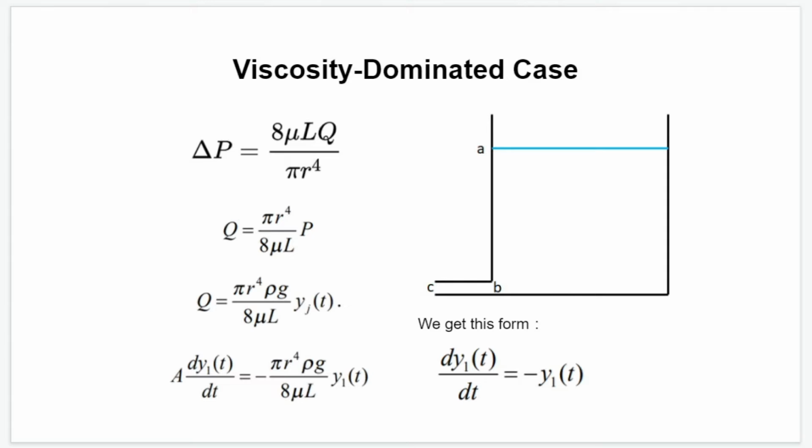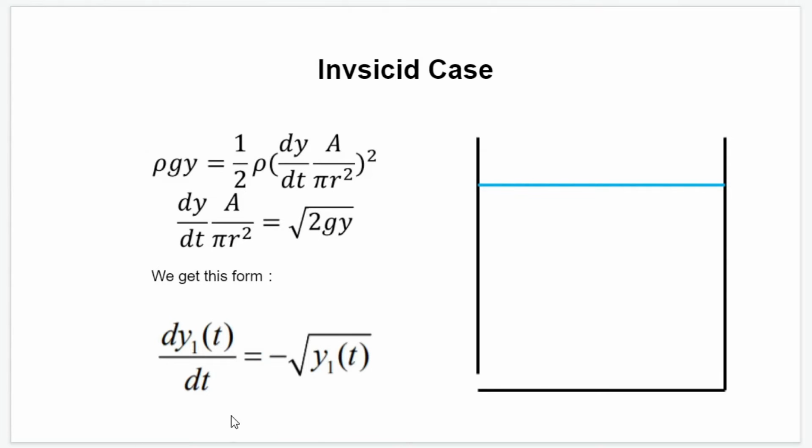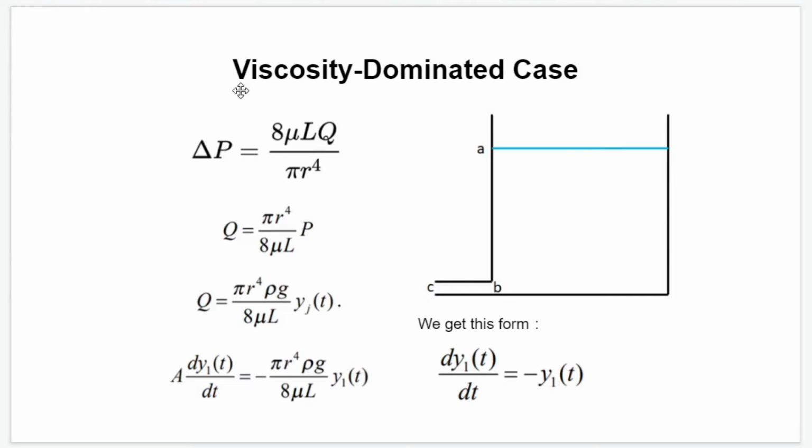Following that, we substitute the rate of water flowing out, Q, with the rate of decrease of water level multiplied by the area of the container. Finally, we can solve the differential equation, since dy over dt is equal to a constant multiplied by y. To simplify the problem, we change the formula to this form. Since this equation is nonlinear, we don't discuss this case in our report. Instead, we discuss this case and solve this equation.